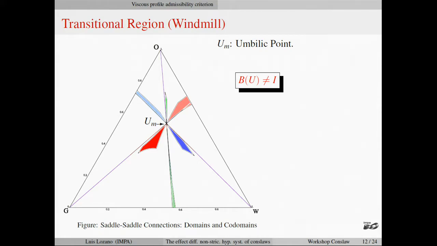There are red dark and red light, light color and dark color. The direction is important because the domain is this color here and the codomain is here in this place, and the green color is going down.